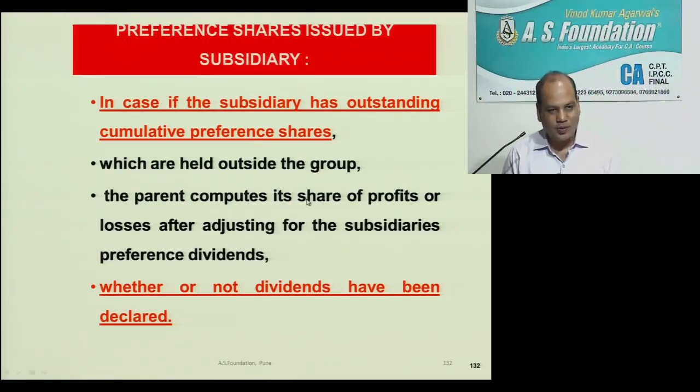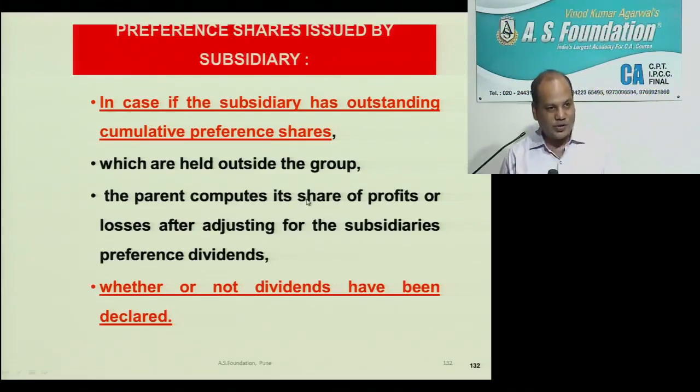What is a cumulative preference share? One on which arrears of dividend will be paid. It will keep on accumulating. And one day, when the company has enough profit and cash, it will first clear the dues of the preference shareholders, then it will pay the equity dividend. Is it right?